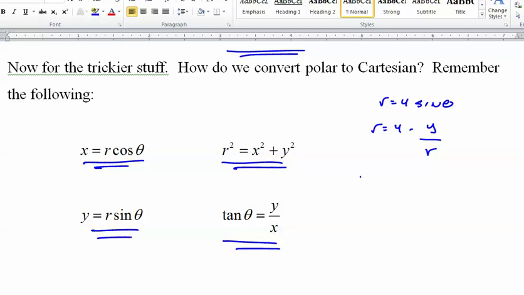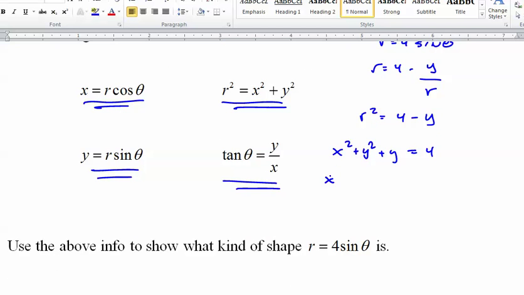So we get r squared equals 4 minus y. Well, r squared is x squared plus y squared. Add the y over, equals 4. Complete the square.